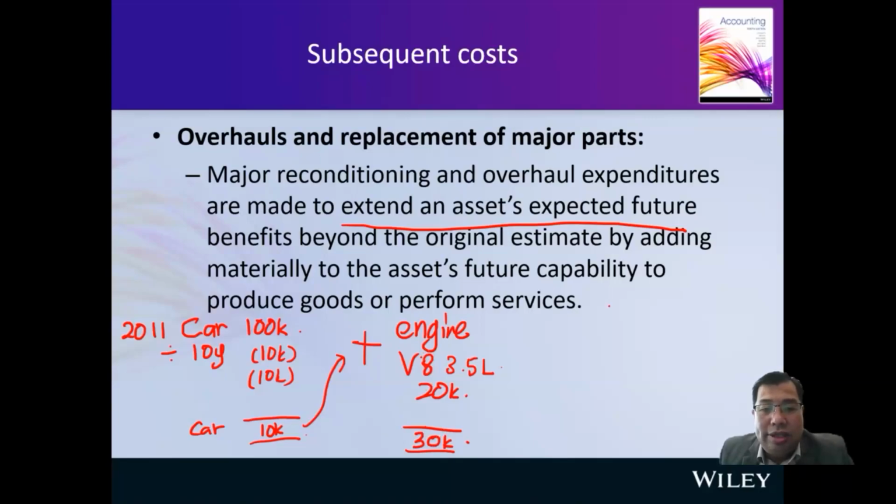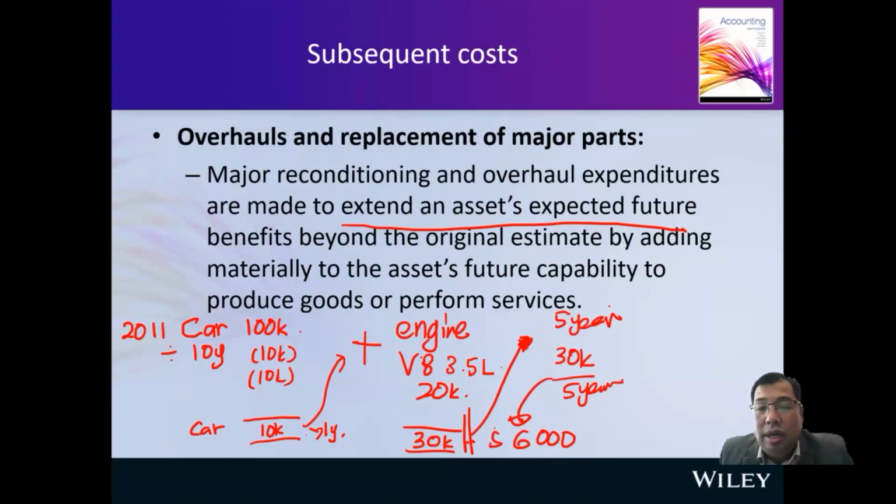Because of this extension, where you only had 1 year of useful life, the useful life now is 5 years. Starting from this date, you provide depreciation for 5 years. How much is this depreciation? 30,000 divided by 5 years. So every year, starting from this date, you provide 6,000 depreciation.